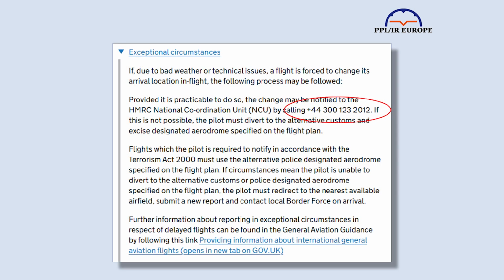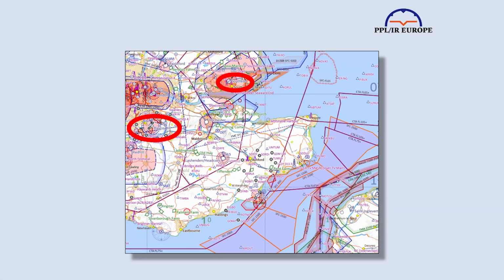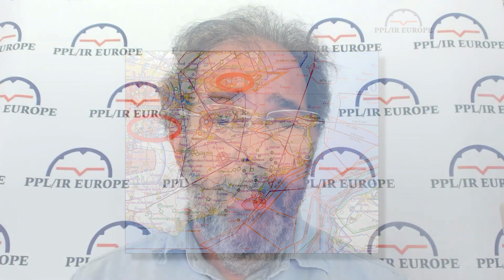If you're coming to the UK and can't get into the destination where you've told Border Force you'll be arriving, there's an emergency number which you can call from wherever you land. It may be that they make you wait there for several hours while they send officers out to meet you. So again, it's a good idea to make your alternate one where customs are available full-time. Biggin Hill and Southend, therefore, become good alternates on the other side of the Channel.